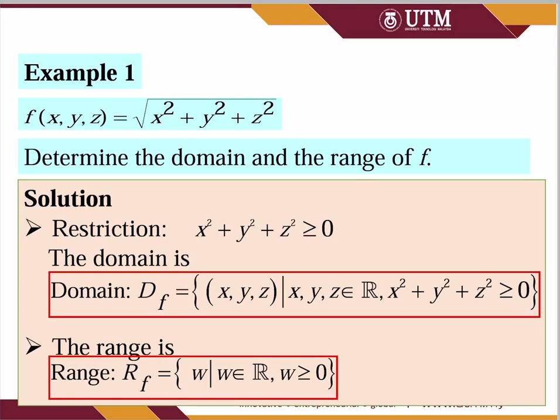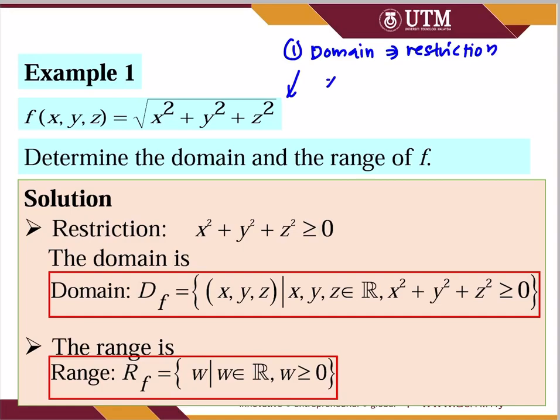Okay, let's look at example 1. We want to determine the domain and the range for this F. Here is the square root. In order to find the domain, of course we need to look at the restriction. What is the restriction for the square root?